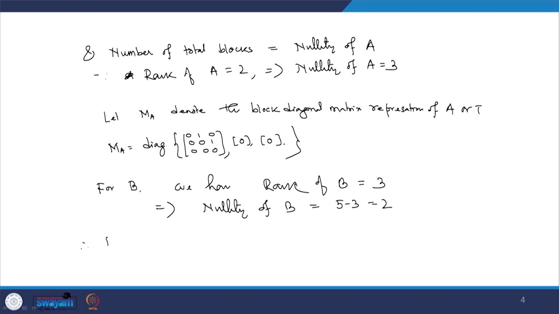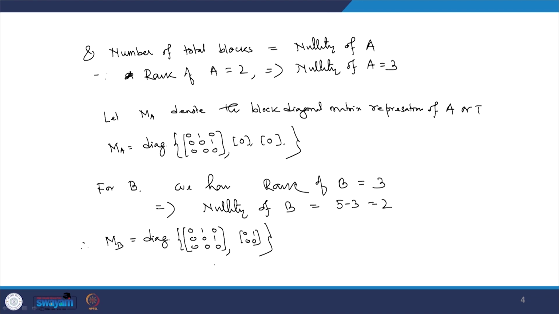If I denote by MB the corresponding block diagonal representation of the matrix B, then one diagonal block has to be of order 3, so certainly 0 1 0, 0 0 1, 0 0 0, and the other one will be of order 2, that is 0 1 0 0. So, this is the block diagonal matrix representation of B.